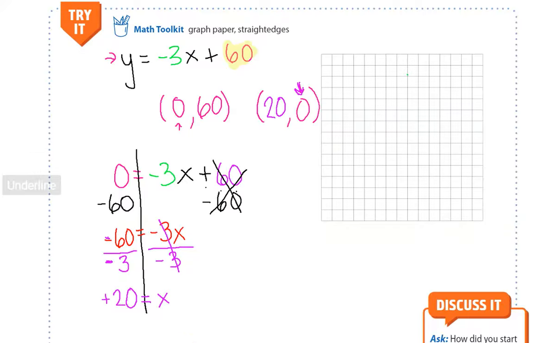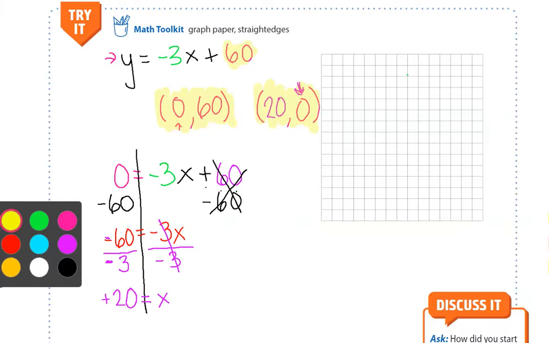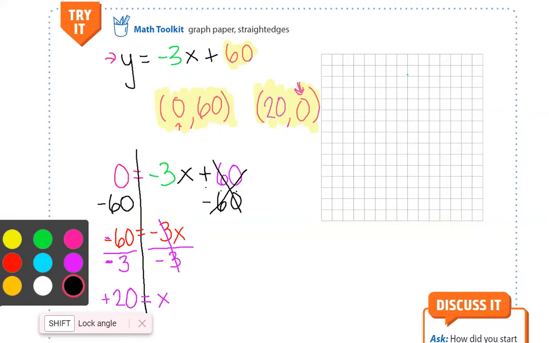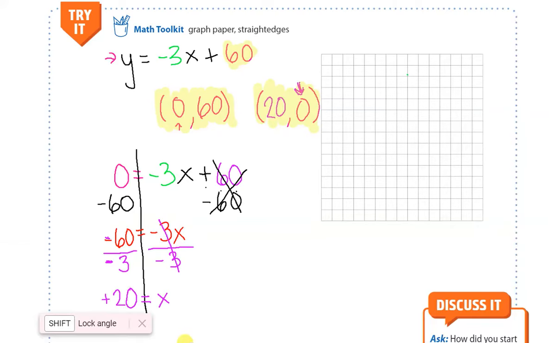So now we have two points for our line that we can use. We have the y-intercept and we have the x-intercept. Now we've got this blank graph to work with. Let me get my line tool. Where do I want to put my x and y axes? I'm going to go with here. Nope, that's not super tidy. I'll go with here.